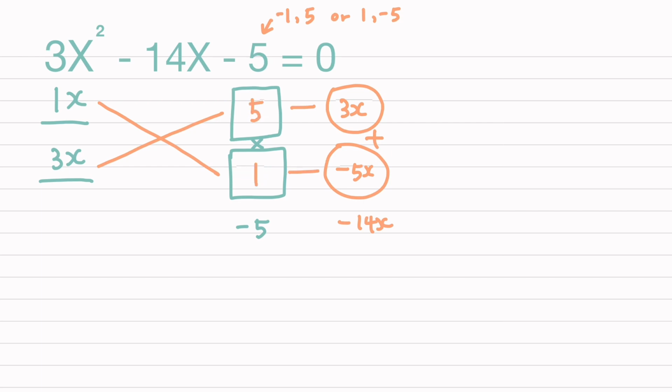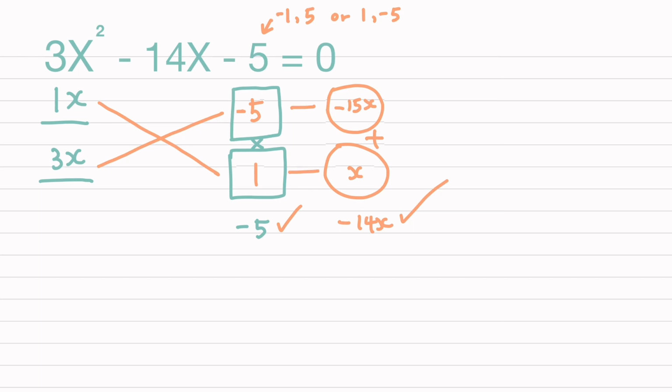Let's put 5 first and 1 later. And let's put the negative here. That way, if I multiply -5 with 3x, I get -15x here, and 1x multiplied by 1 gives me +1x, and it does give me -14x back. And of course -5 times 1 does give me -5.